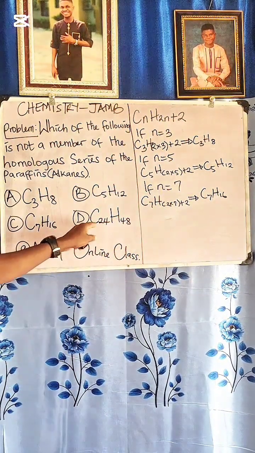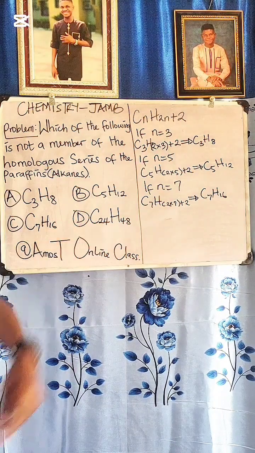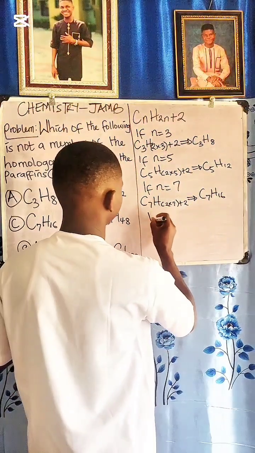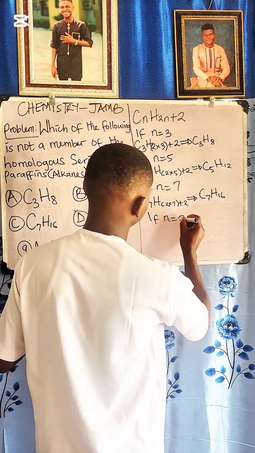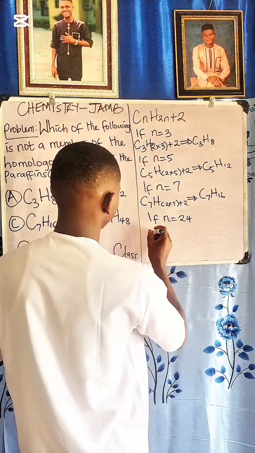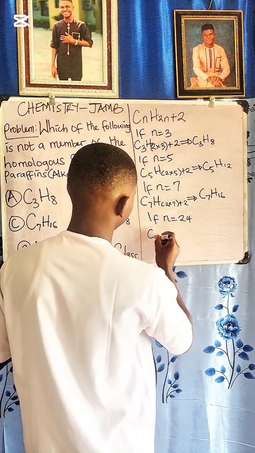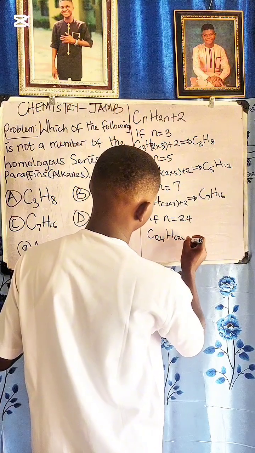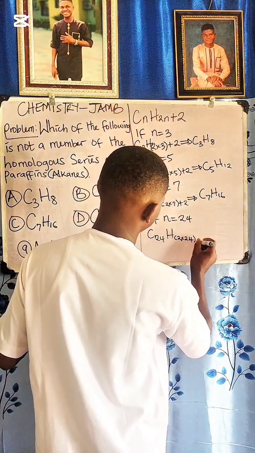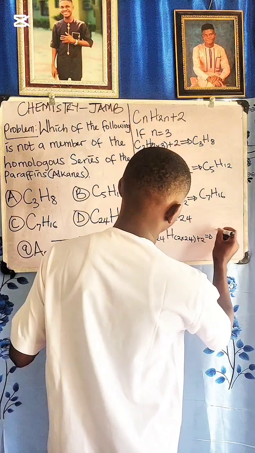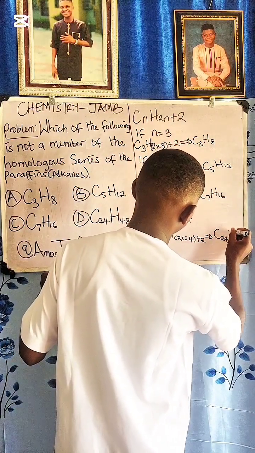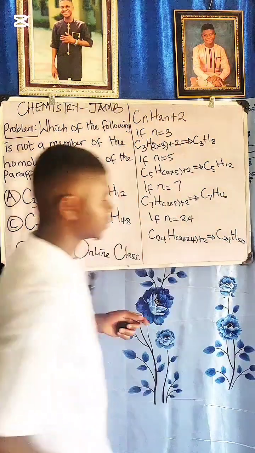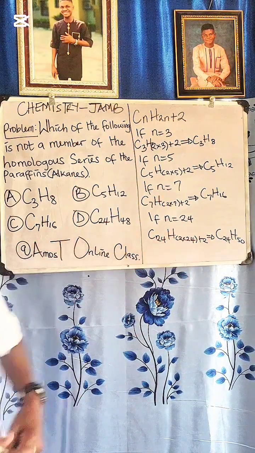Now let's check for D, assuming that n is equal to 24.